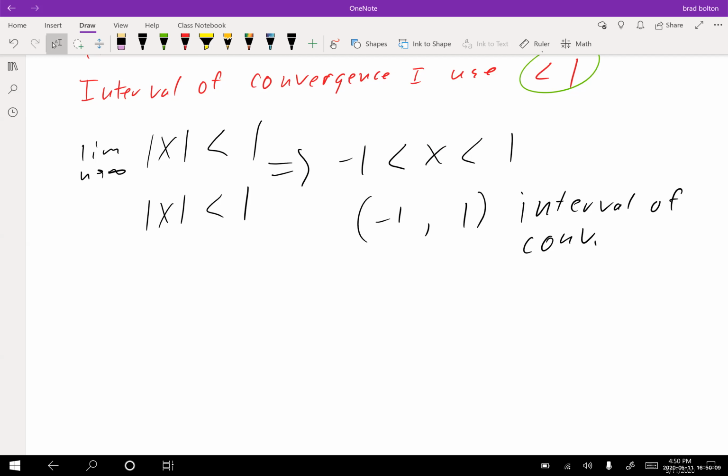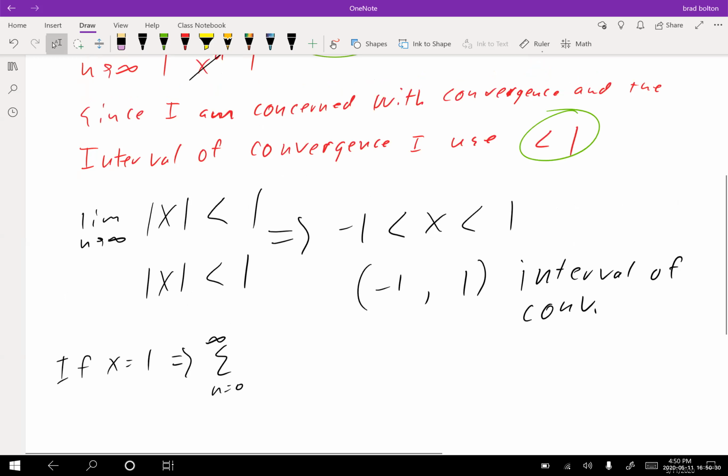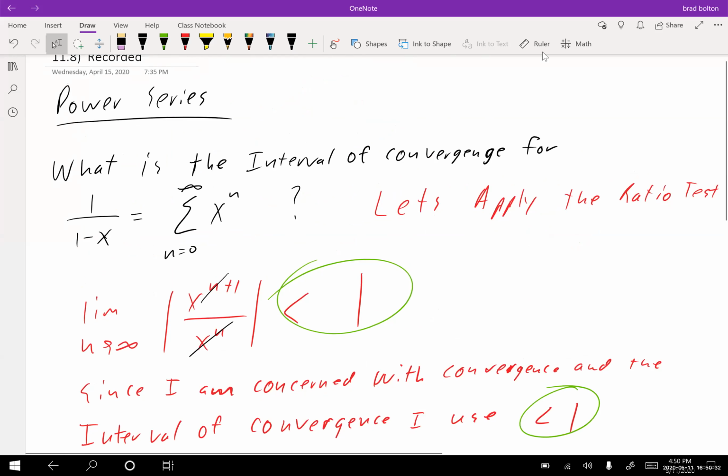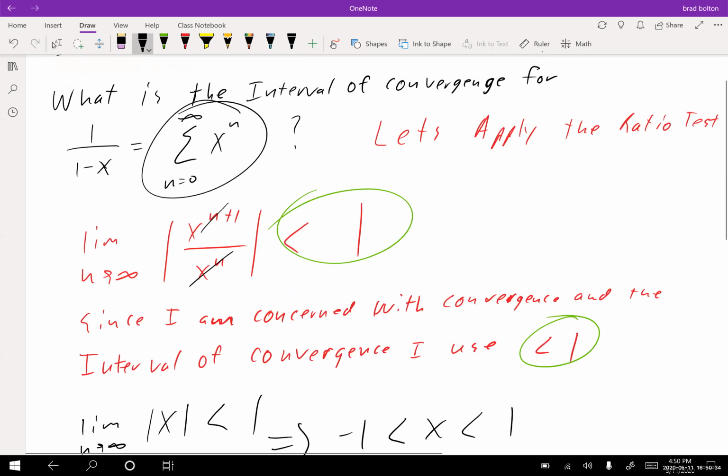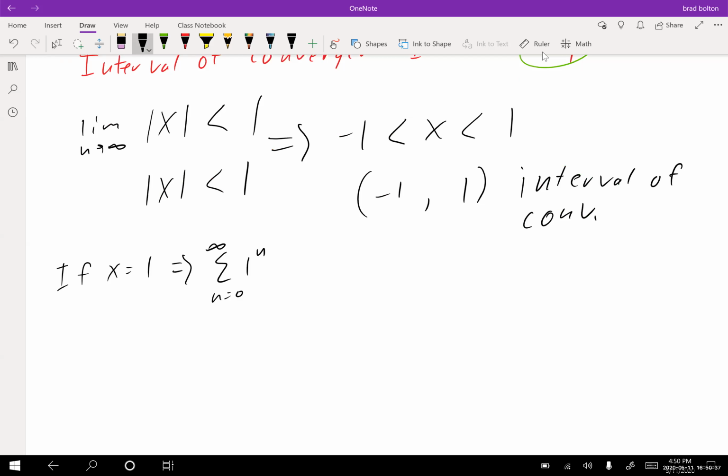So that means that I'm going to have to check if x were to equal -1, or let's do 1 first. If x were to equal 1, then we have the summation of n equals 0 to infinity of, now we're going to go up here and plug in 1. So this would become 1 to the n, okay? And 1 to the n is just going to equal the summation of 1.